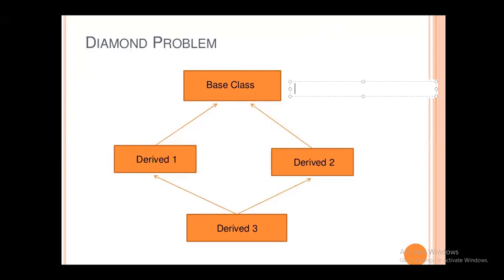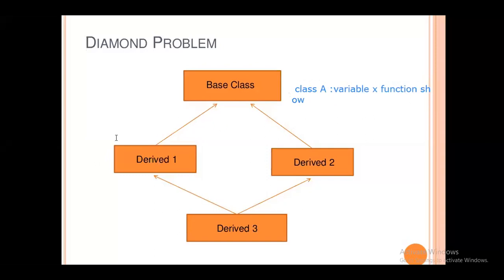Let's assume I have a variable and a function. Let's name the variable x and the function show. This is in class A. So this is the first case.